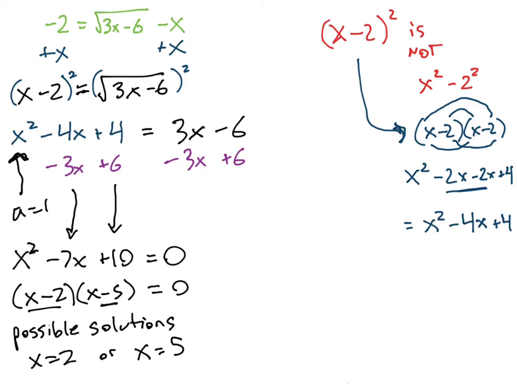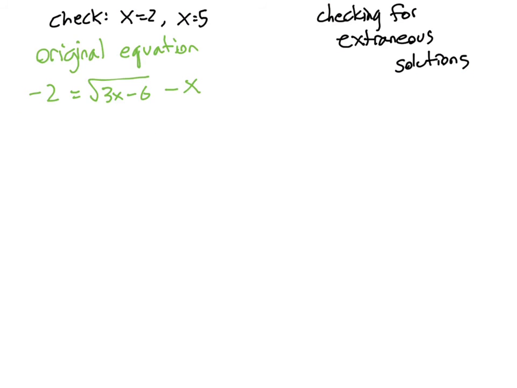But since the equation that we were solving originally was not just a quadratic equation, but a radical equation, we need to check our answers by making sure that they satisfy the original radical equation. And we'll check that on this next page here, so we've got plenty of space to work.